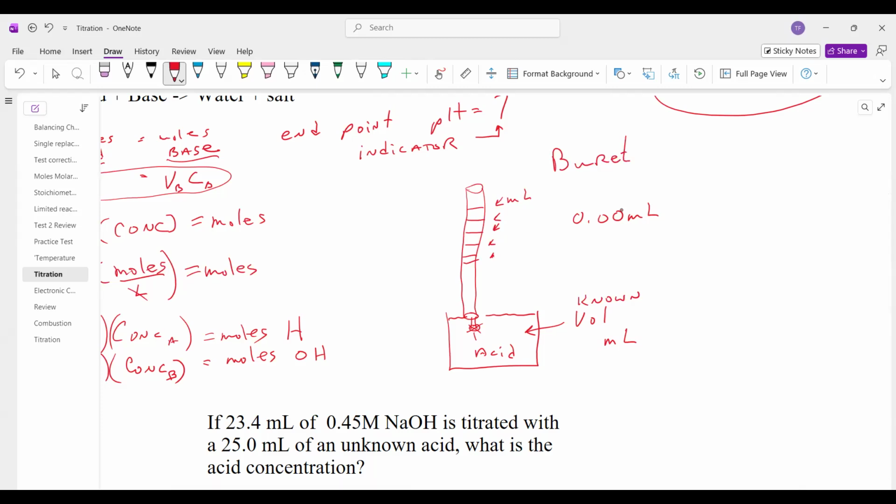It's a glass tube about this long with a valve at the bottom.